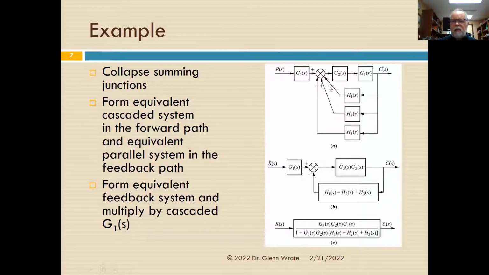And since that's the same sign as right there, that's going to be plus H1, minus H2, plus H3, and then a minus sign here. So that's how the signs come off. Is that making sense? We have 3 things feeding into this summer. We can combine them together because they're in parallel. And then we have these two blocks.